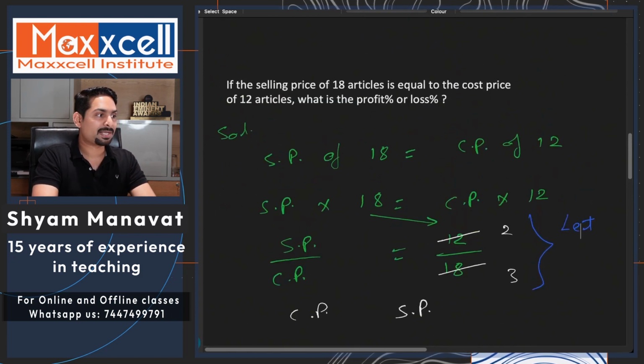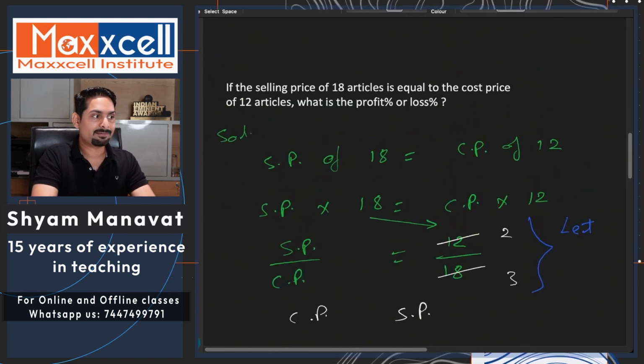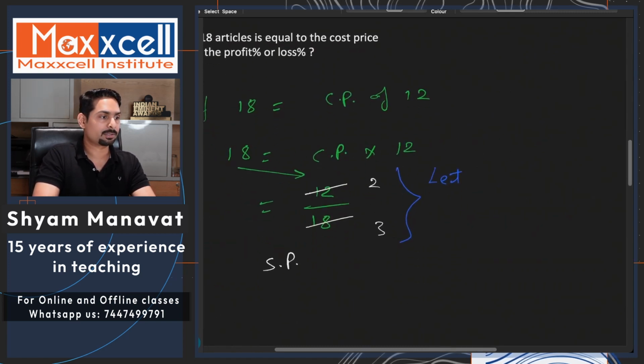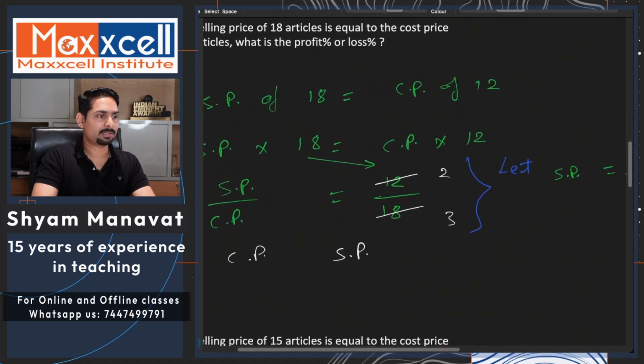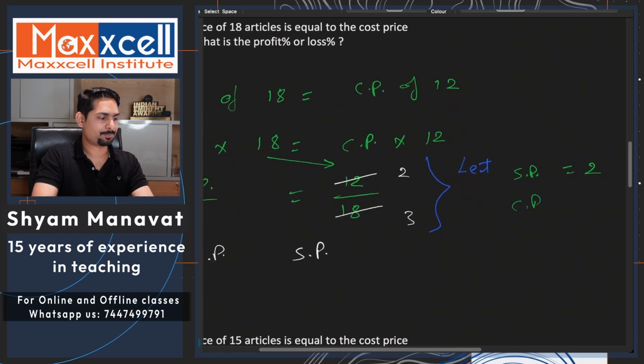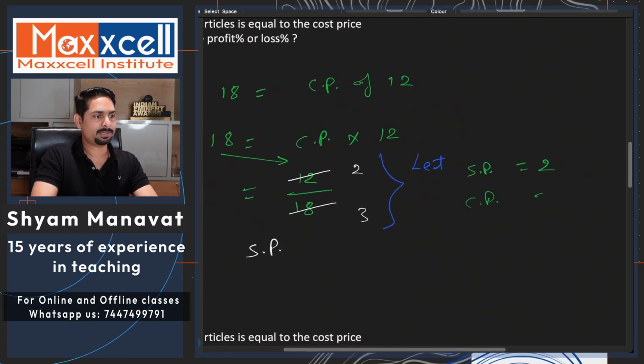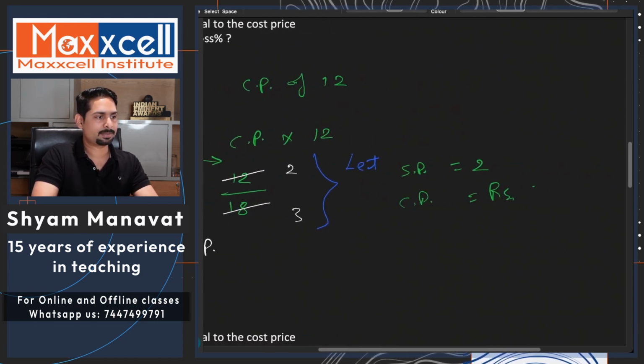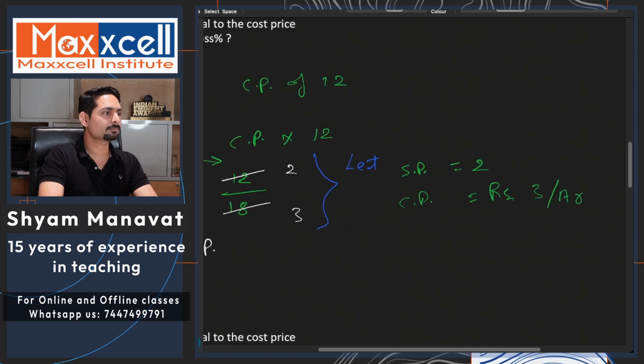We cannot identify the prices by having only this much information. So for the shortcut I say selling price equals 2 rupees per article and cost price equals 3 rupees per article.